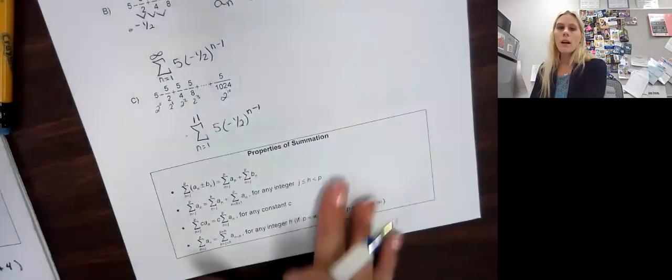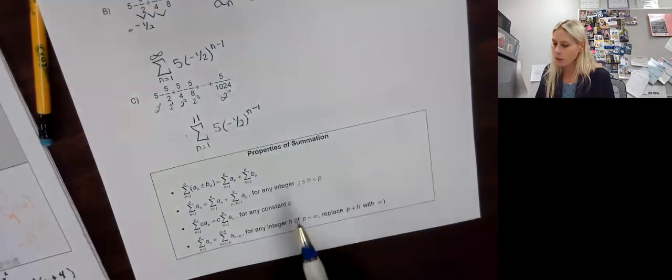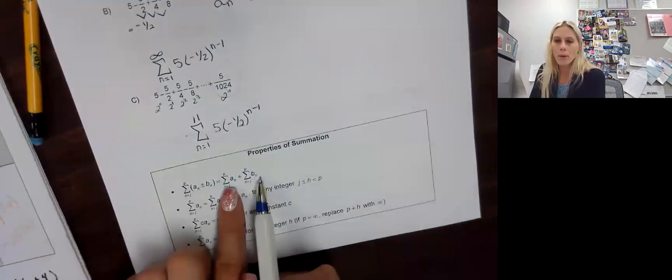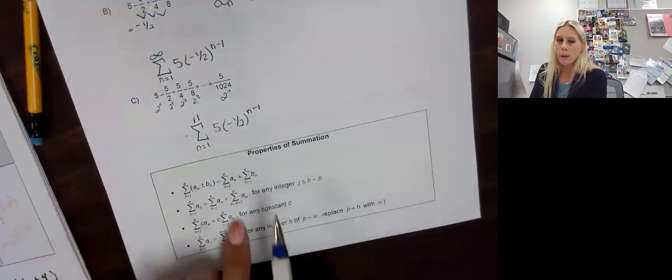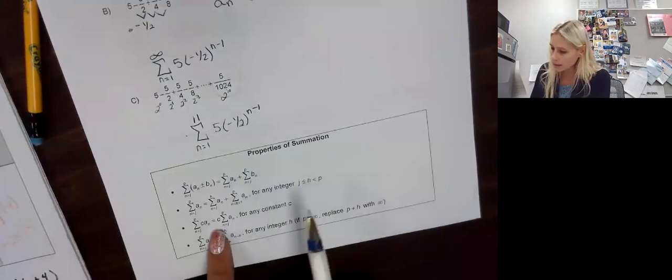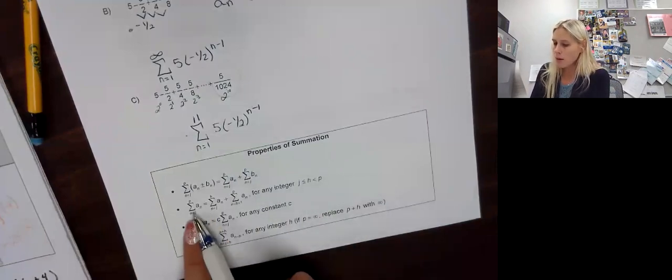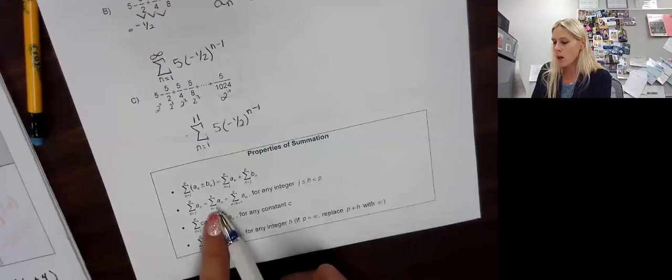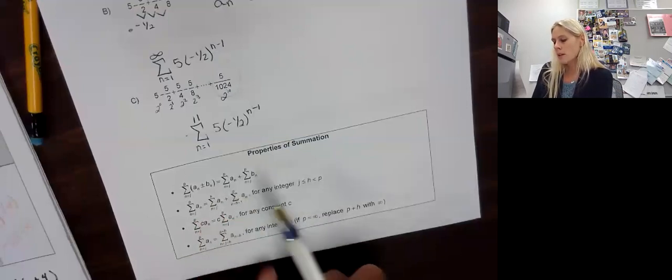All right, so there are a couple of properties for summation, okay? When we have adding or subtracting, we can separate and take the sum of each part separately. We can also talk about if we were starting at J, ending at P, and H was in the middle of J and P, we could go from the first to the middle, okay?